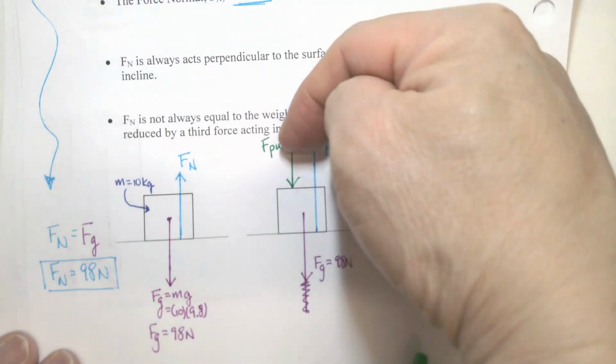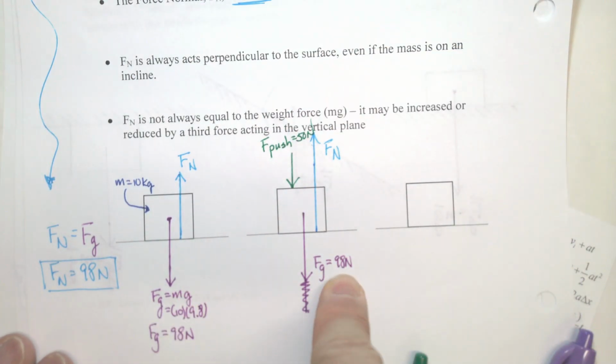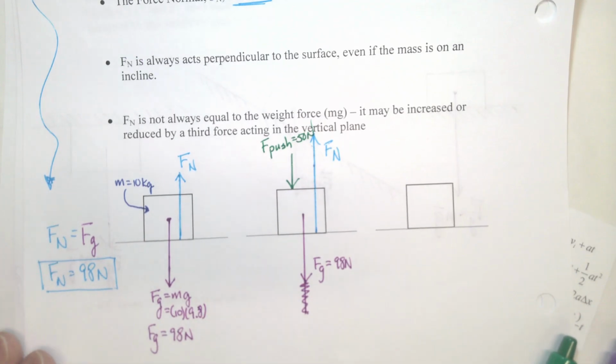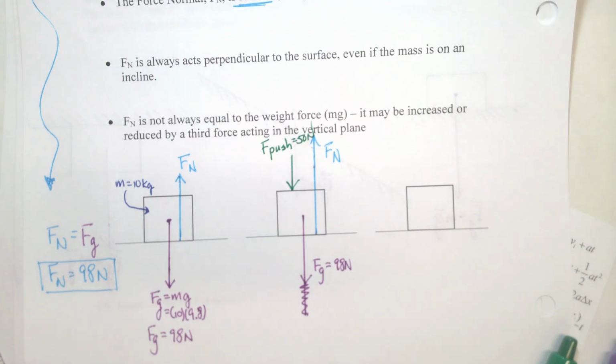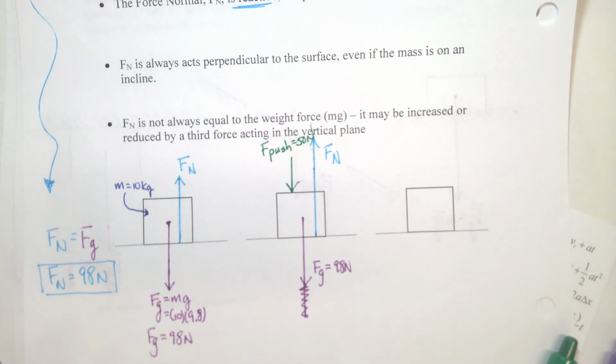And this F push is in the downward direction, 50 newtons, let's say. Now, if I push down on this with Fg going down, what do you think is going to happen to my F normal? It should be higher, more than 98, right? Well, let's see if we can calculate that.